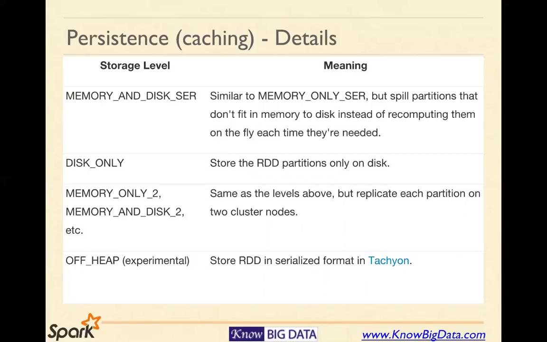If you append a number, that means a replication factor. So MEMORY_ONLY_2 means keep the data only in the memory and make 2 copies of it. Okay, it's like a replication factor for the cache.